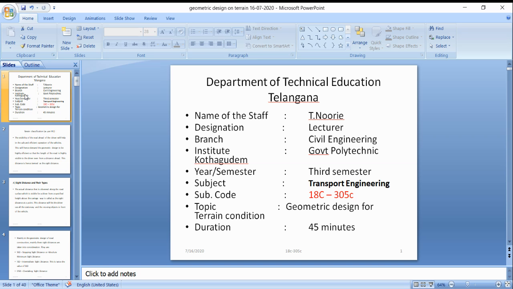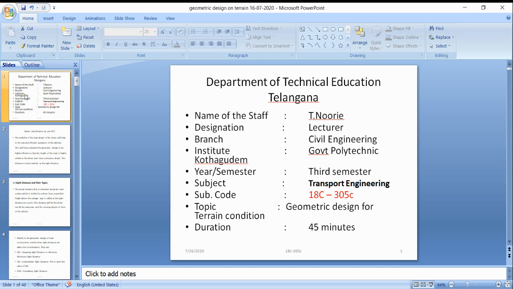So in any emergency, vehicles can be parked there. That is about the shoulders.